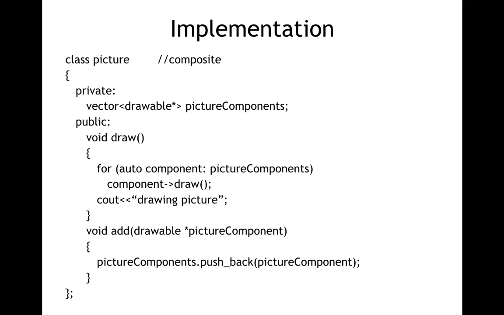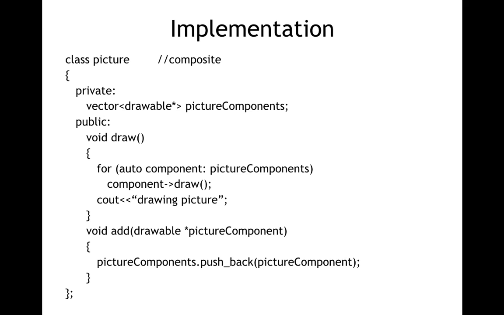Now let's see a picture class which would be a composite of home and tree, which would be your end product. Here it will again have a vector of picture components, and in the draw method it will call draw on each of its components, similar to other composite classes.